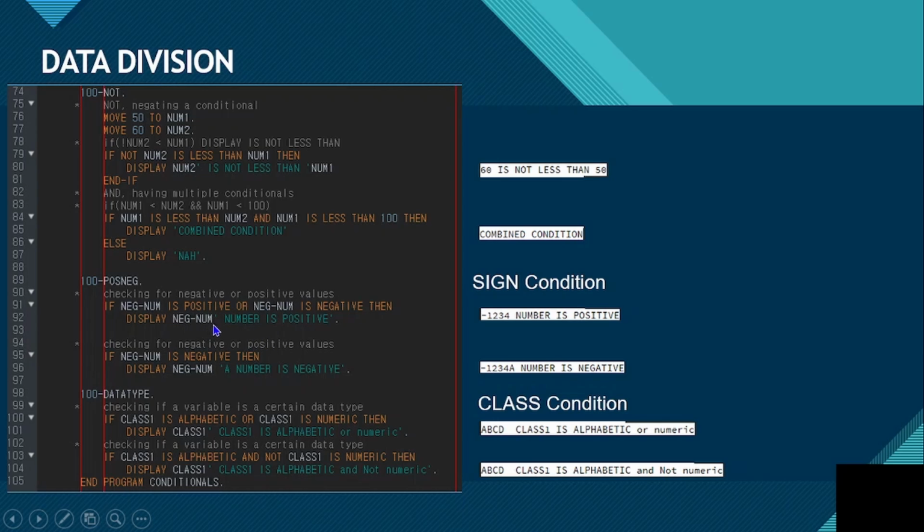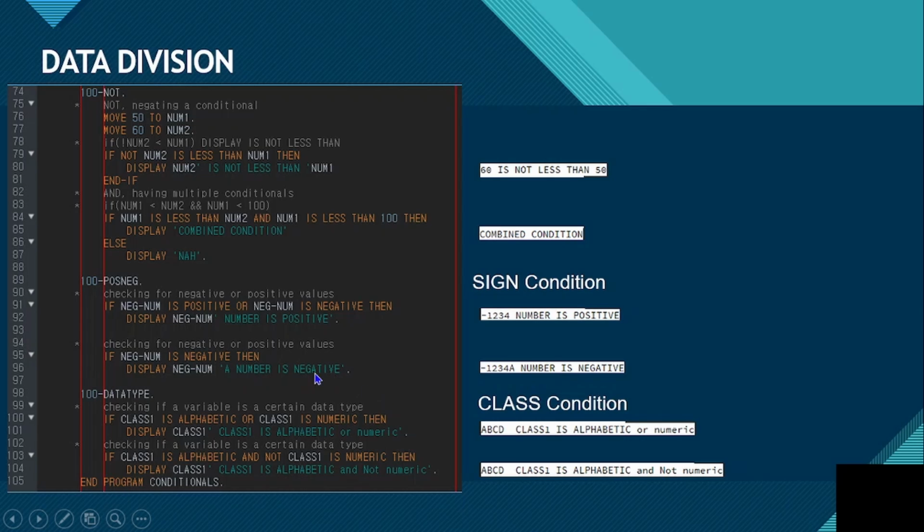So we will display "neg num is positive". So checking for negative or positive values. So if neg num is negative, then display "neg num, a number is negative".